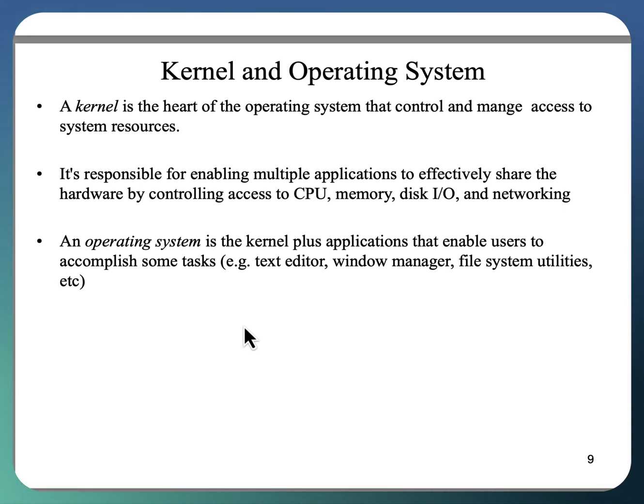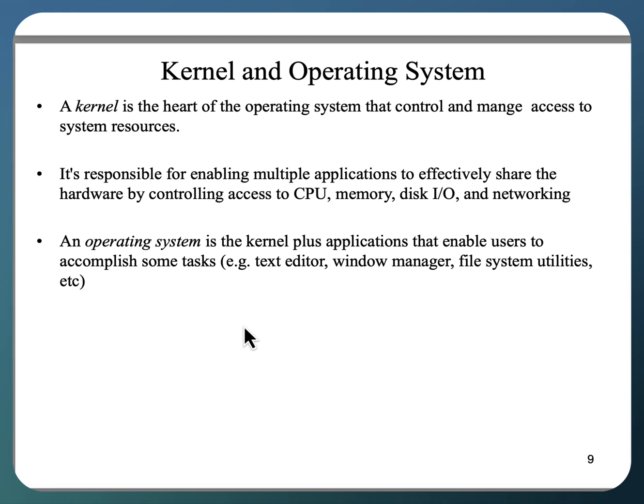The operating system is nothing more than an interface between the applications that you're using and the hardware components. It is there to control how the applications interact with the hardware, and to filter what is being sent to the hardware components, such as CPU, memory, disk I/O, networking, etc.